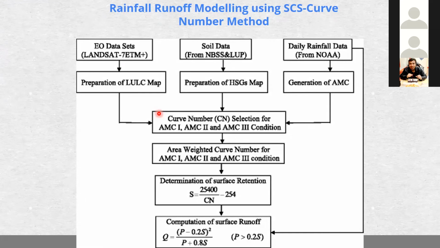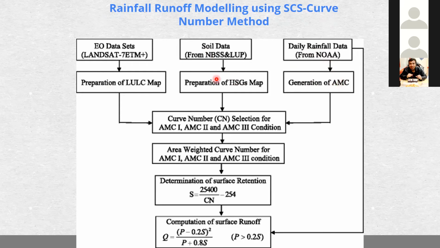And this is generally a flow diagram of how we can actually do the rainfall runoff modeling using the SCS curve number method. First of all, we can get any type of satellite data to prepare the LULC map. Then we can get the soil data either from NBSS&LUP, or FAO, or any other agency, and prepare the hydrologic soil group map. Then we will have to get the rainfall data either from IMD or from different agencies or from ground station data, and generate the AMC dataset.